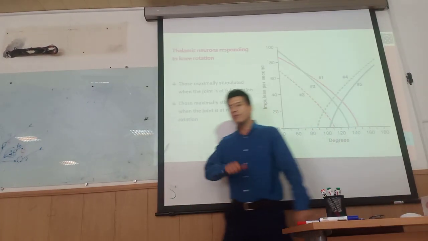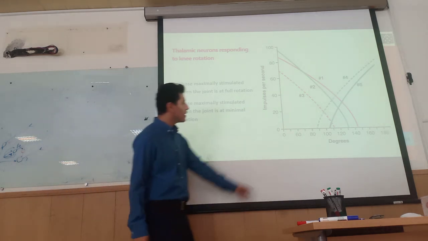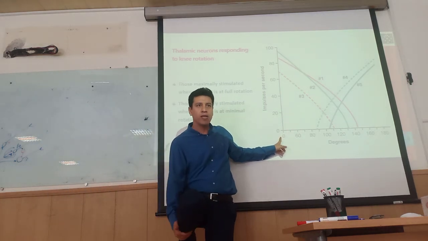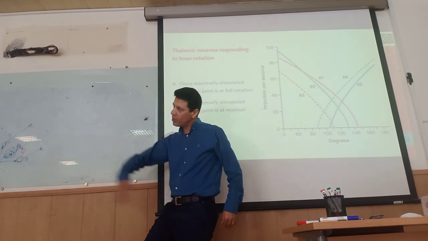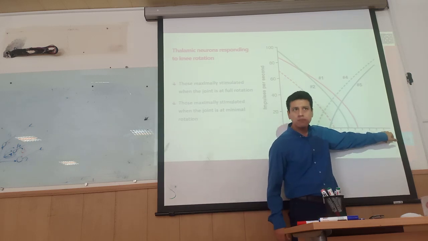So, this is the response of thalamic neurons in the ventral posterior nucleus to the angulation of the joints. The joint here is the knee. Okay? So, the knee can be at 0 degrees when it's bent totally, or it can totally stretch, so the degree is 108.